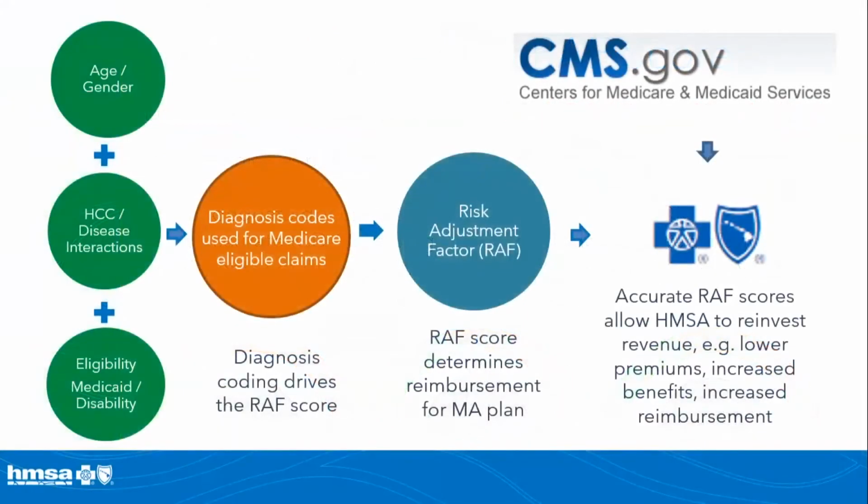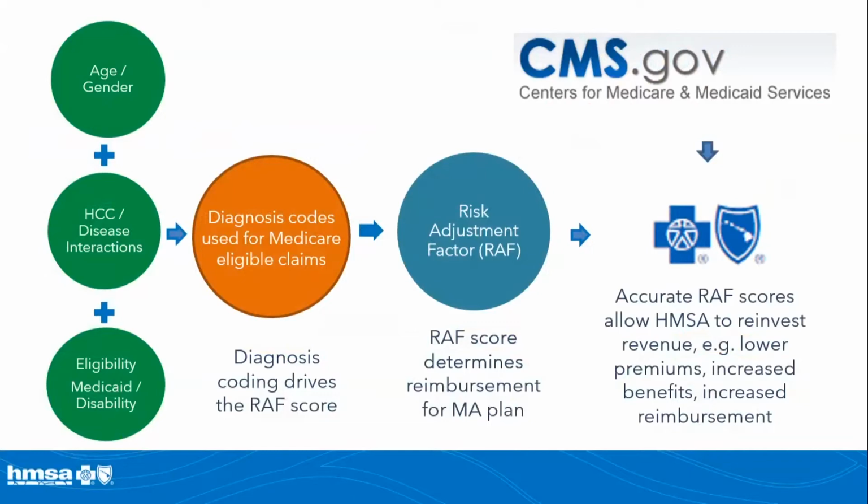As an overview of the risk adjustment process, we start with the demographic factors for age, gender, disease interactions, and Medicaid eligibility. The coefficients for each eligible diagnosis is added to this base amount. This gives us the patient's risk adjustment factor. The diagnosis codes submitted on claims are what drives a patient's RAF scores.